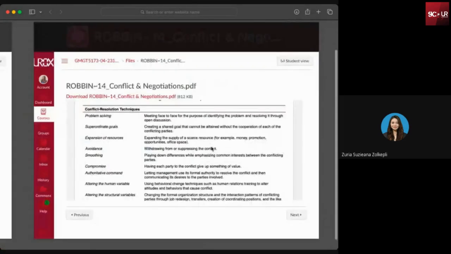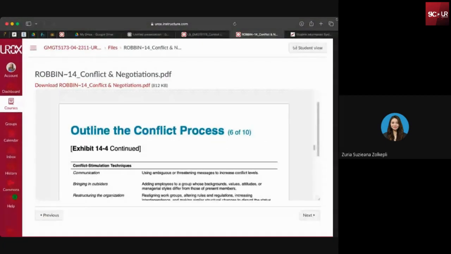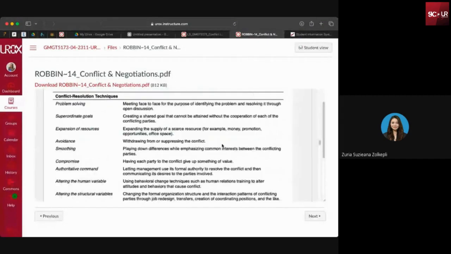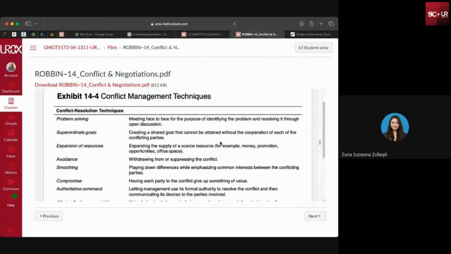Oh, sorry. Mana I punya... Hold on. It's gone on. Okay. So conflict management technique, conflict resolution technique.